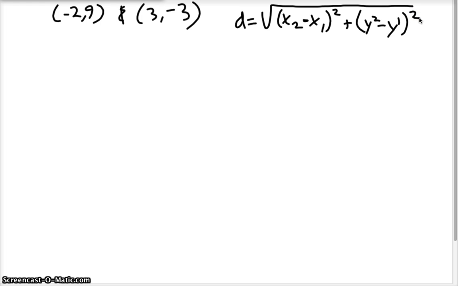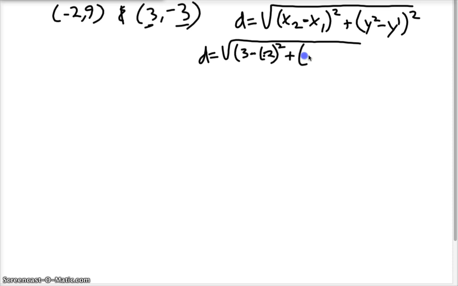Alright, so plugging in the info, d equals the square root of our second x, 3 minus negative 2, squared, plus, this is a negative 2. Now we have negative 3 minus 9 squared.